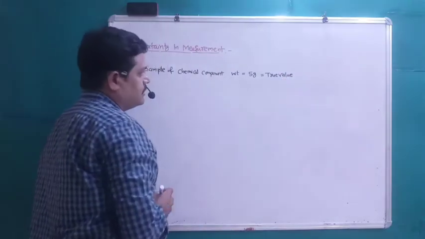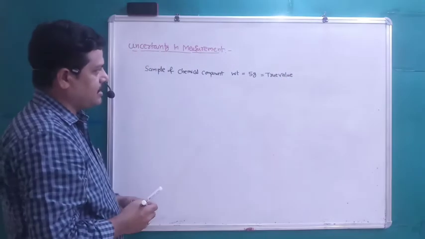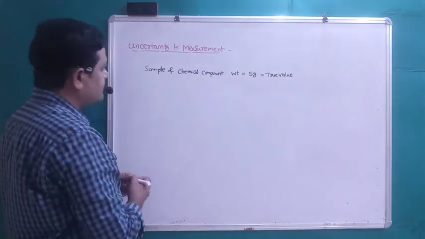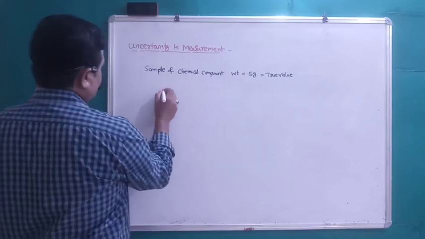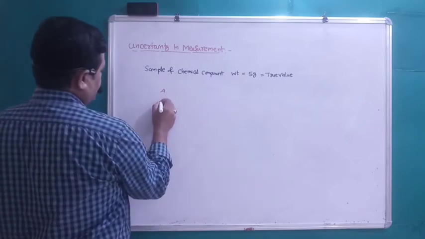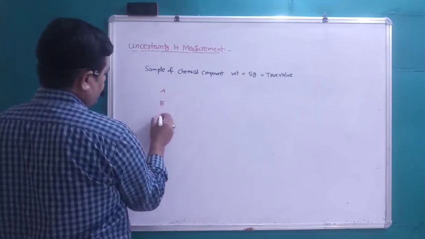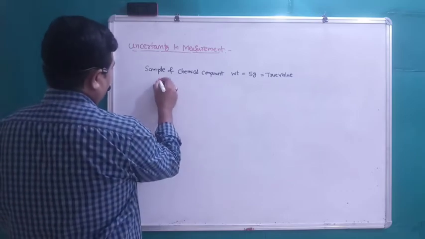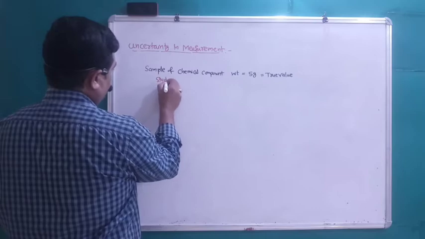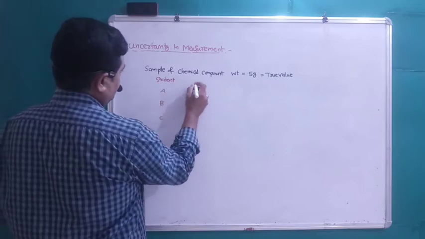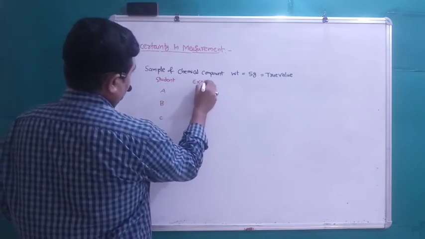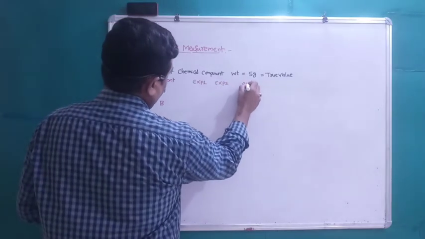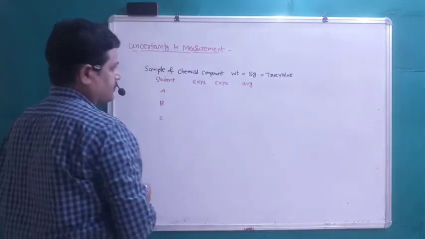Then we ask three students, A, B, and C, to measure the weight of the sample in different experiments: experiment 1, experiment 2, and the average value.